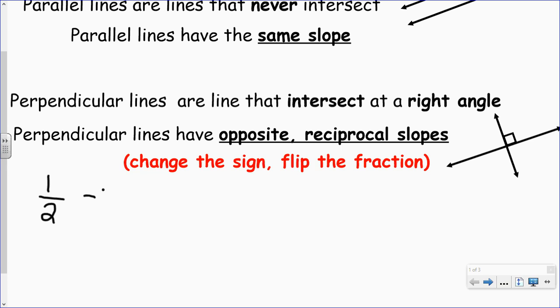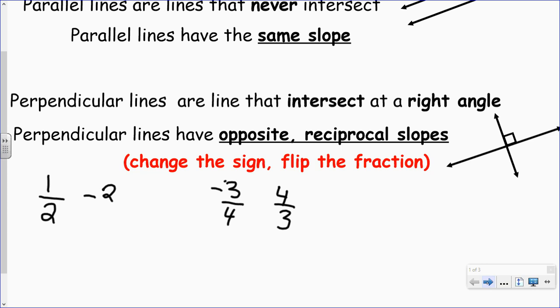Now flip the fraction, 2/1 or just 2. So these two are opposite reciprocal slopes. If I had a fraction that was negative 3/4, then the opposite reciprocal slope would be: change the sign, make it positive, and then flip the fraction. Okay?